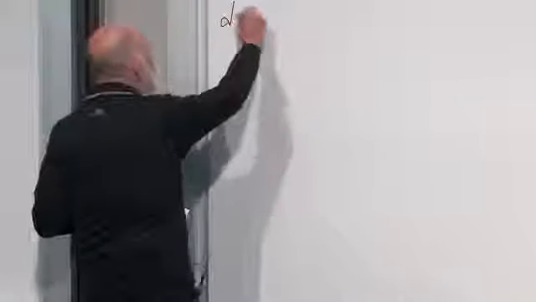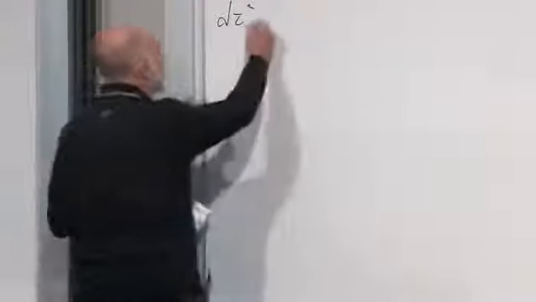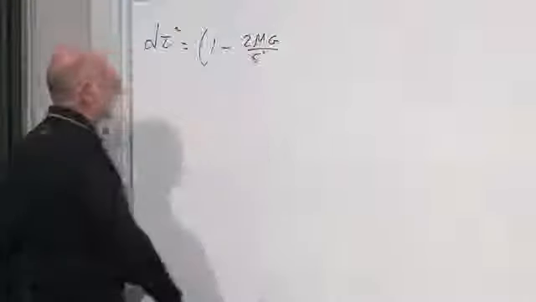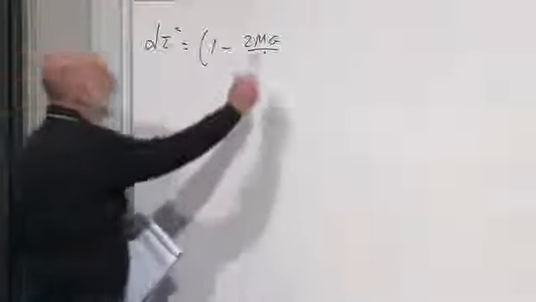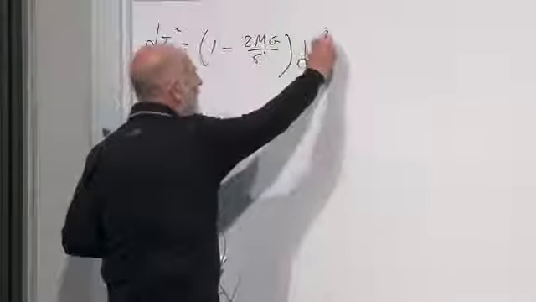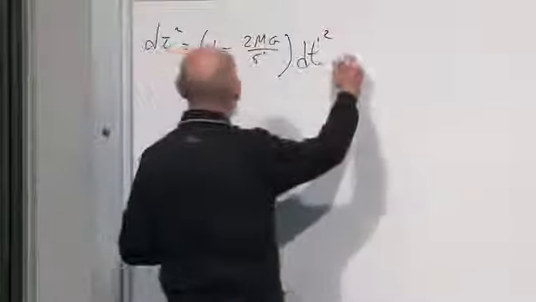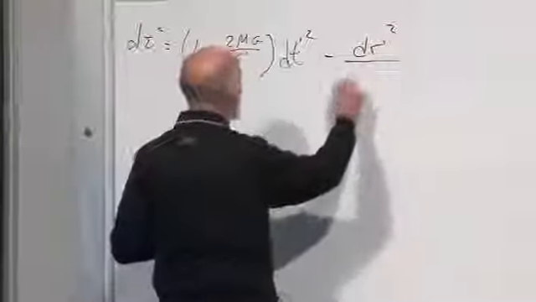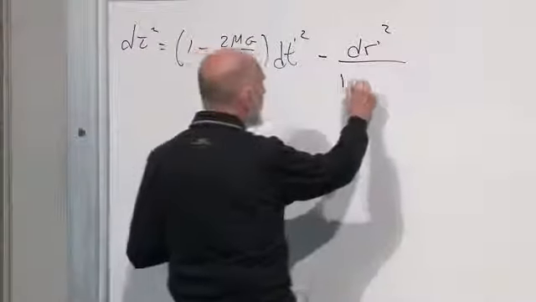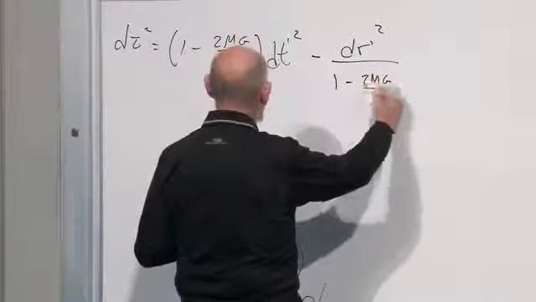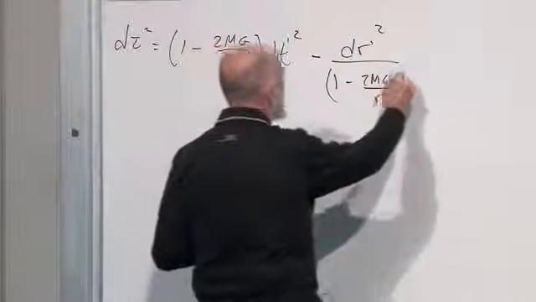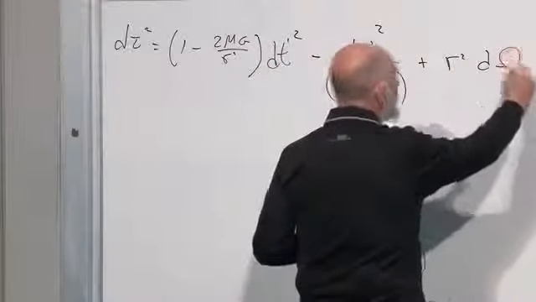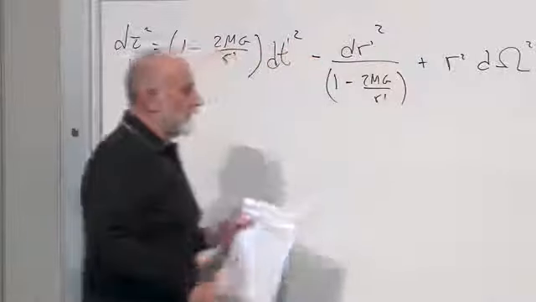We'll write that d tau squared, that's the proper time, is equal to 1 minus 2mg over r prime, times dt prime squared, minus dr prime squared divided by this same thing, 1 minus 2mg over r prime, and then plus r prime squared times the metric of a unit two-sphere.